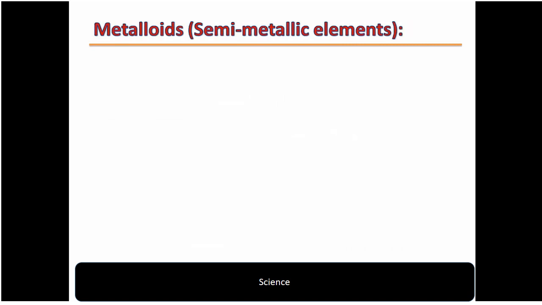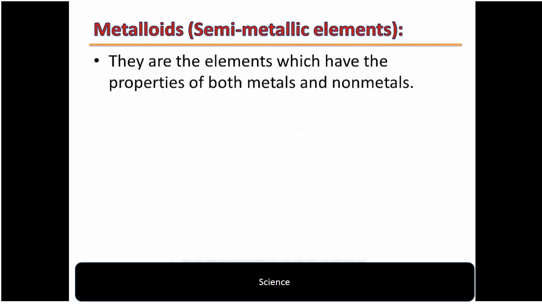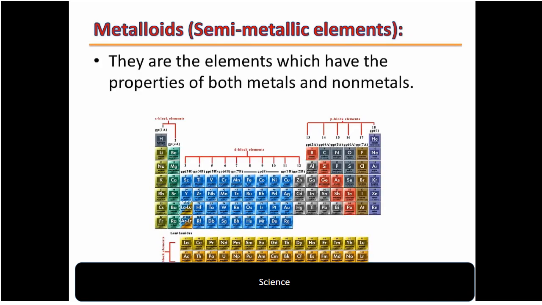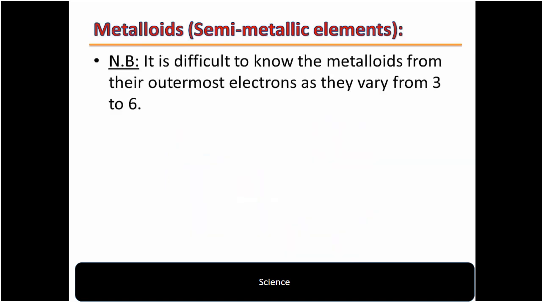Let's talk about metalloids or semi-metallic elements. What's meant by metalloids? They are the elements which have the properties of both metals and nonmetals. Note the following. It is difficult to know the metalloids from their outermost electrons.